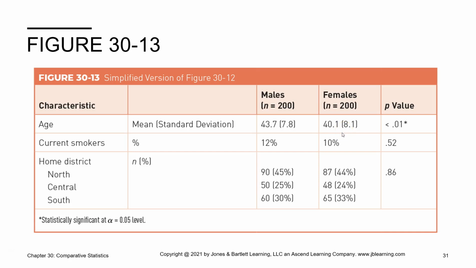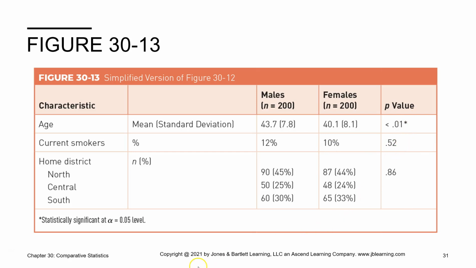You can see that females are younger and the variability of data is a little higher, and that our p-value is less than 0.01. Then for current smokers, this is presented as a percentage, which is 12% among males and 10% among females. Our p-value is greater than 0.52, and that means there's no statistically significant difference.